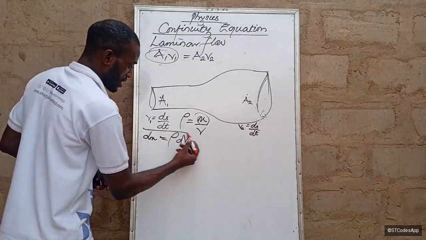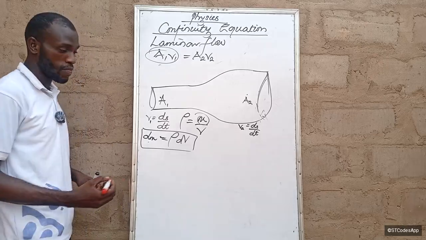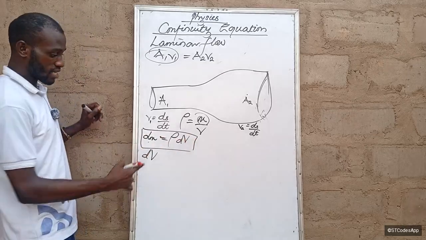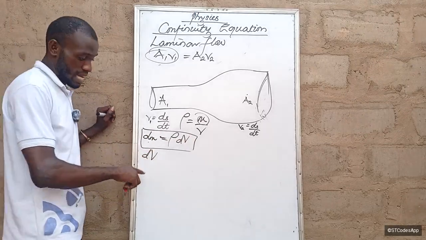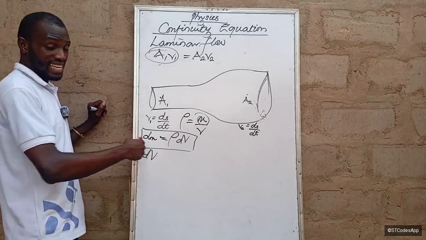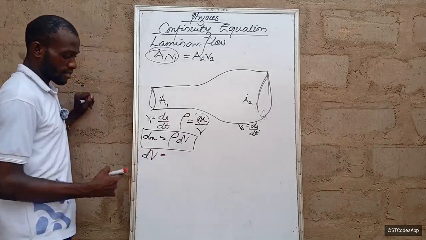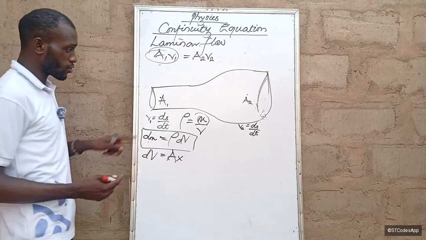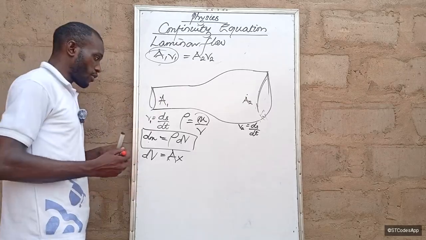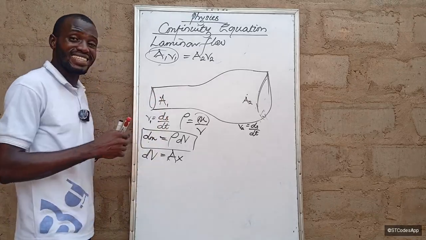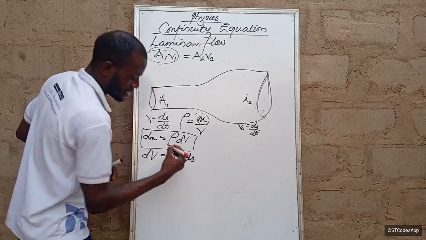If this is the case, then these are pivotal expressions. In our pivotal expression, we have dV there, which is the volume, so we have to get an expression for that tiny amount of volume. You already know that volume is area times distance, or area times height. So the volume of that fluid at this point is going to be the area at this point times the tiny distance that it is moving, that is times ds.